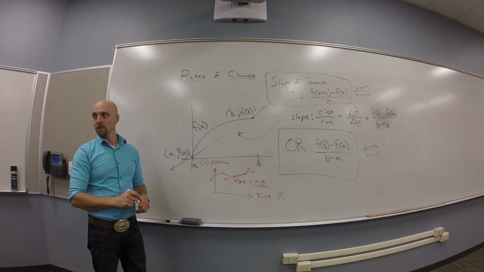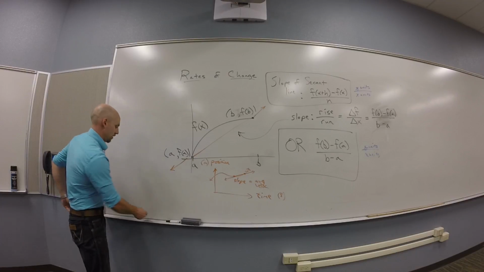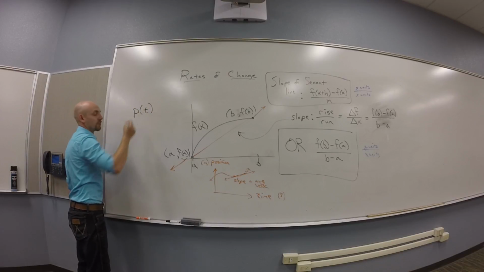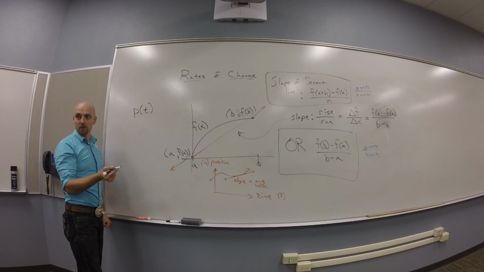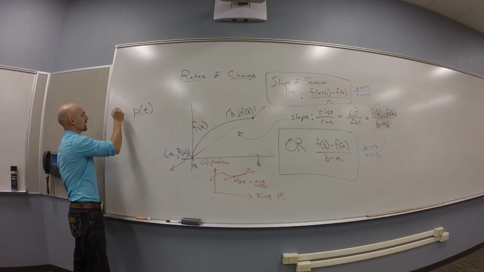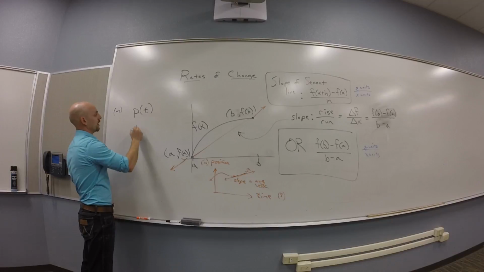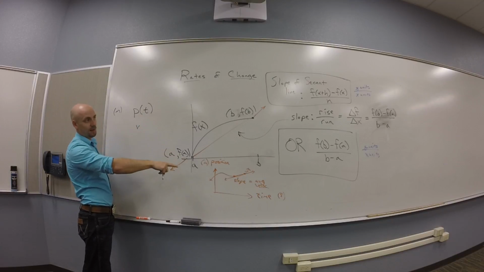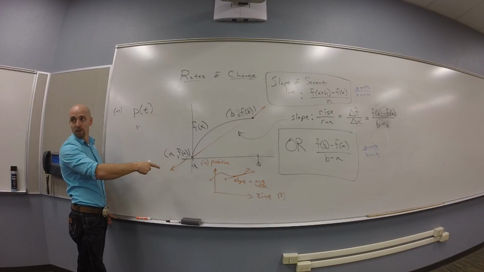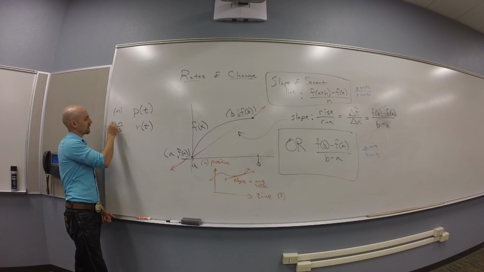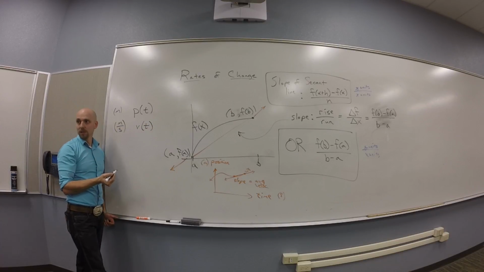Say that one more time, that last bit. So if we start with this, say we had a position as a function of time. This thing has units like meters or something. If I calculate a rate of change, I'm going to end up with something like meters per second as my unit. That's a velocity.